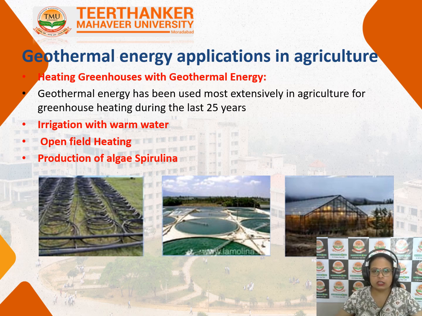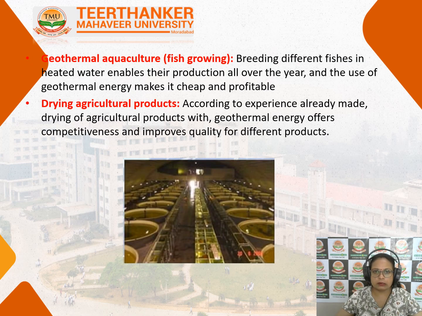Open field heating can be done with the help of geothermal energy. Production of algae spirulina: the algae spirulina has a great medicinal value. Mass production of spirulina can be done, which requires warm water for the production of this algae.